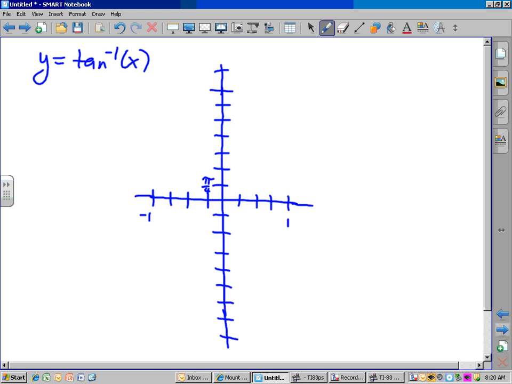Pi over 4. Well, tangent started where? So this is going to start at 0. Where's pi over 4? At 1. Pi over 2?